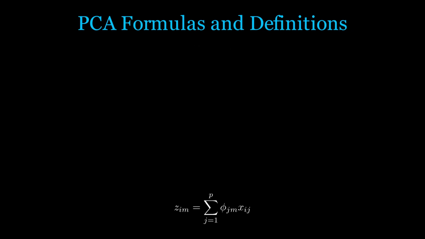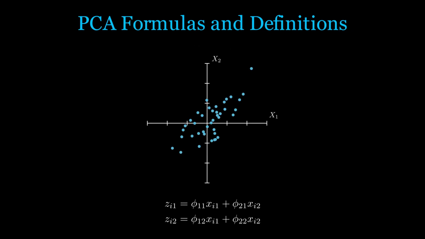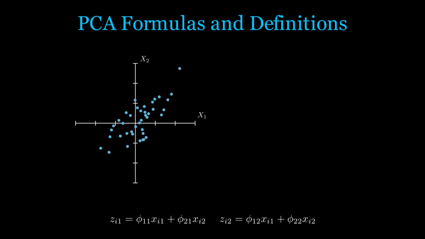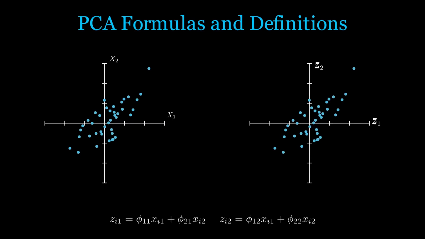Let's see what this looks like with 2 predictors and 2 principal components. Here we have our original correlated features x1 and x2, and the formulas for the scores of the first and second principal components. If we plug in the x1 and x2 values for the loadings and plot the first score on the x-axis and the second score on the y-axis, we get the following plot for the same observations.